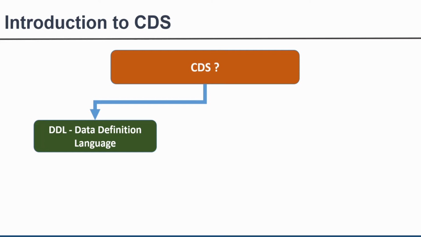The enhancements include the annotations to enrich the data model with additional metadata and associations on a conceptual level, replacing joins with simple path expressions in queries. The ABAP CDS are independent of the database system, meaning CDS views can be created regardless of whichever database the system has. It doesn't have to be a HANA database.